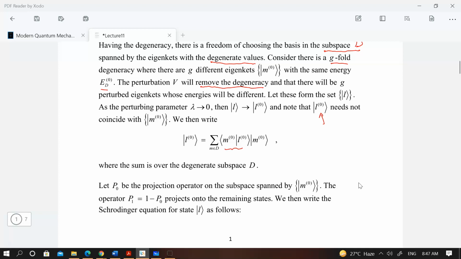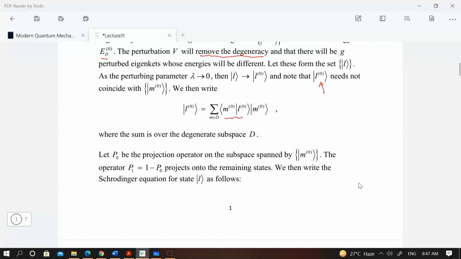In this particular case, we introduce two projection operators: one projection operator onto the subspace spanned by the degenerate states, which essentially gives you the basis of your degenerate subspace. The other projection operator is a projection onto the remaining states.